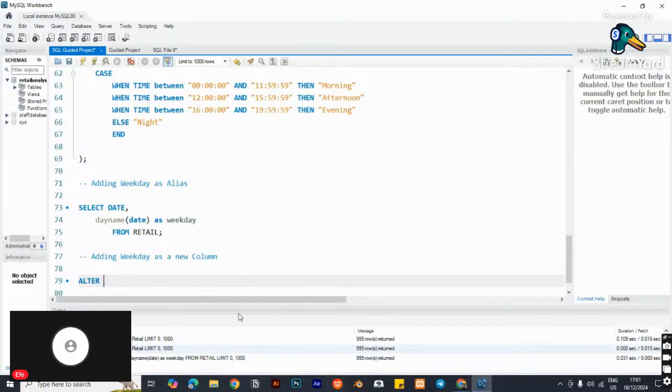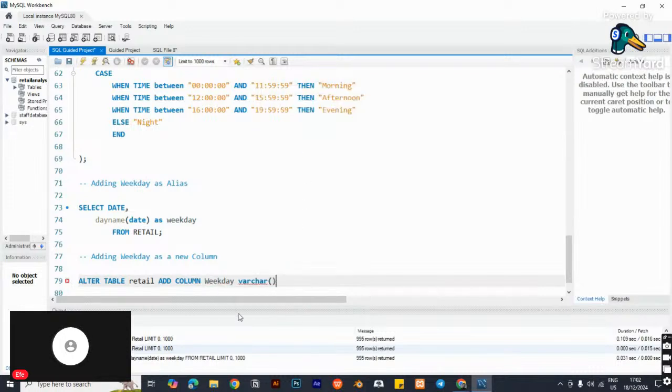So we say alter table, followed by the table name retail, and add column. We name the column weekday, and we define the data type varchar.